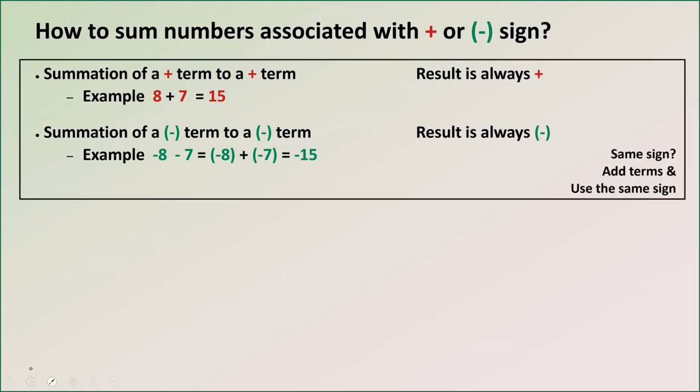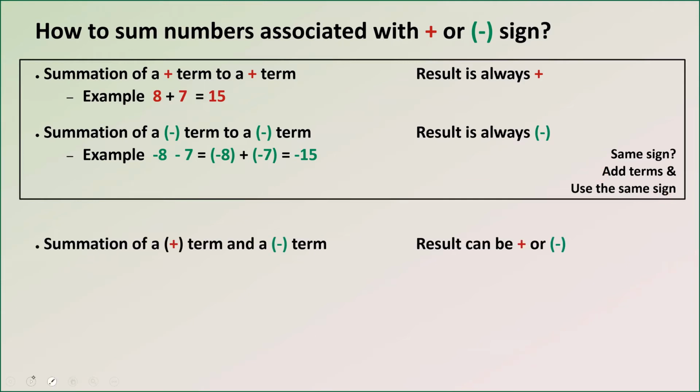By looking at these two pieces of information, we can see that if the sign is the same, add the terms and use the same sign. Now let's look at what to do if one of the terms is positive while the other one is negative. In such a situation, the result can be positive or negative depending on the numbers we got.